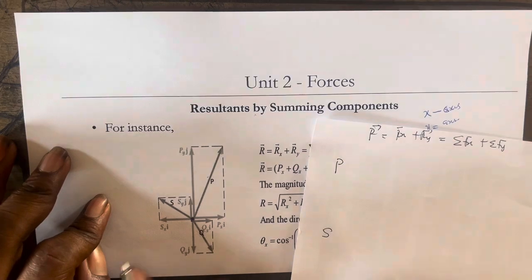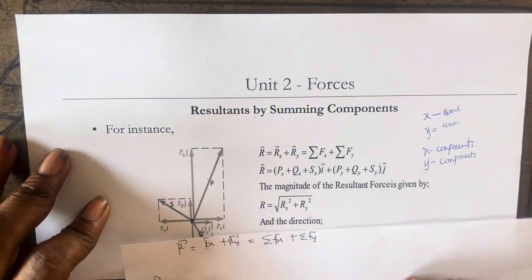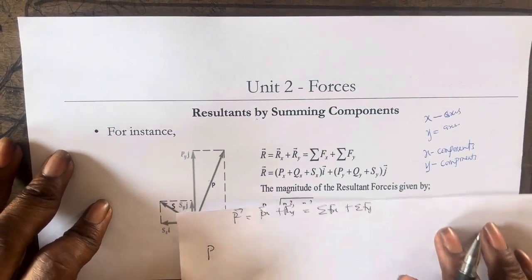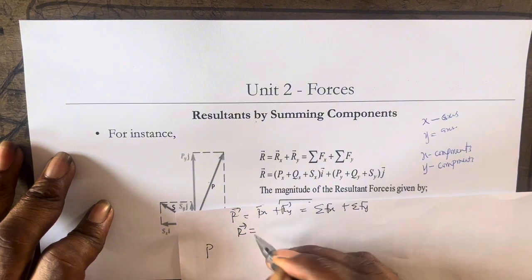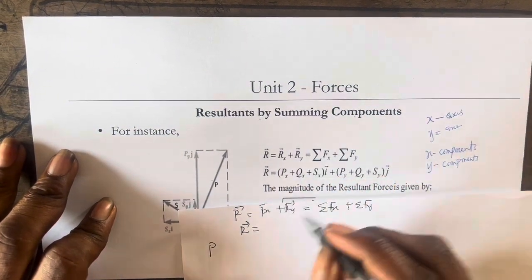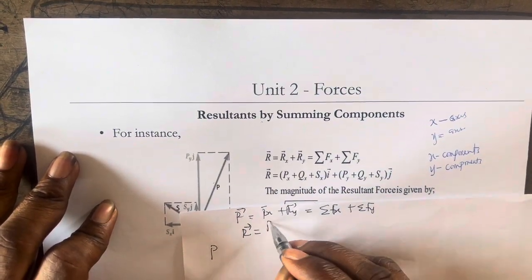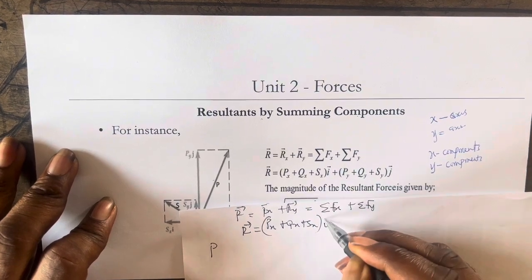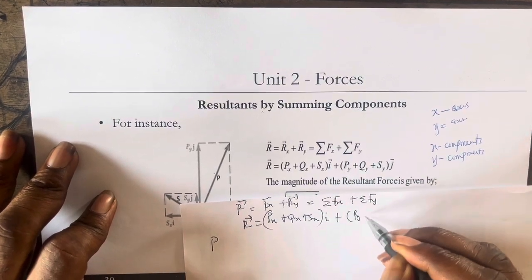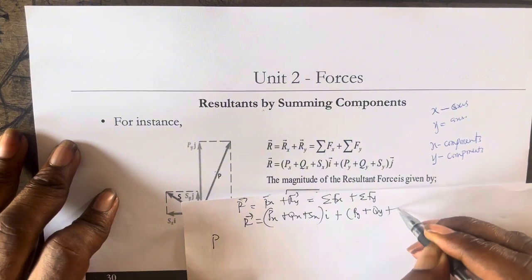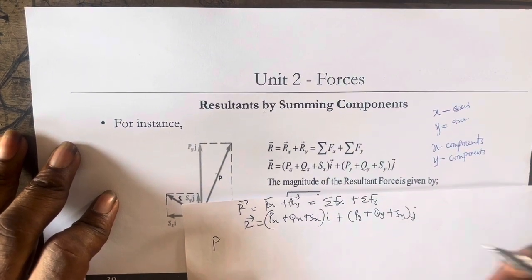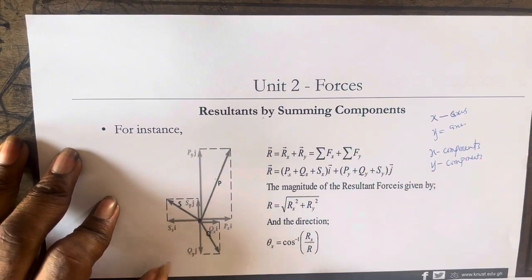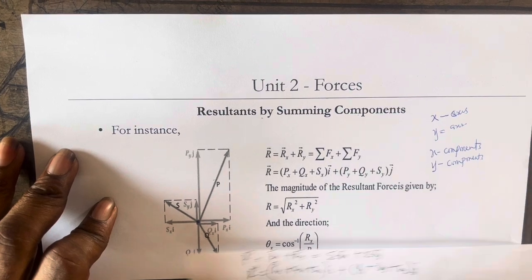This time around, there's no Z plane over here, so we don't solve for any forces in the Z. And we said if it is R, then using the summing components, we sum all the like forces: Px, Qx plus Xx i, plus Py plus Qy plus Xy j.